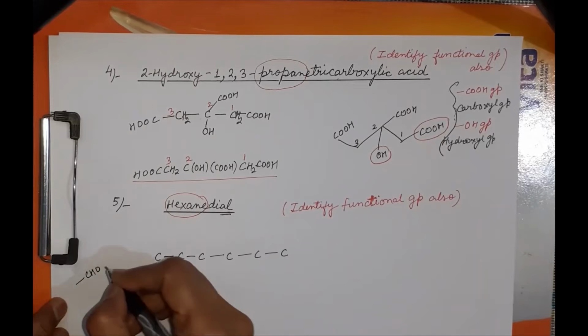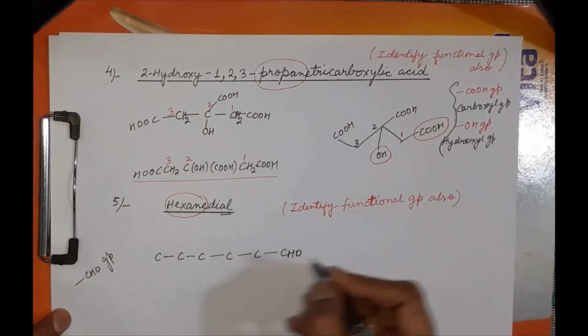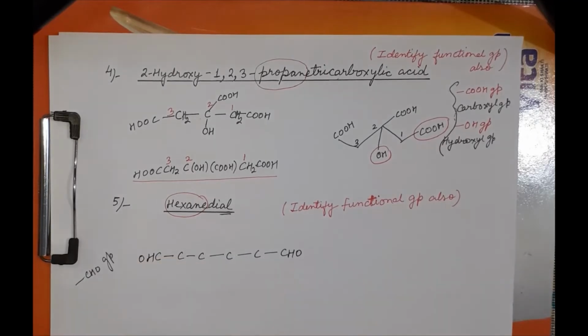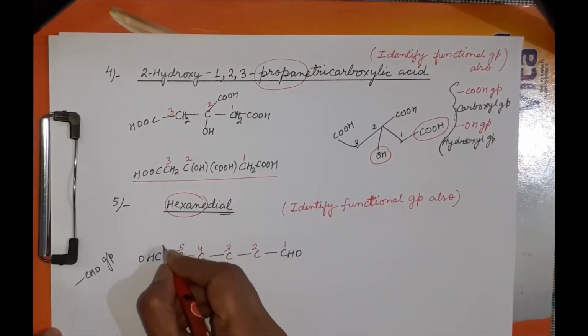Because the position is not given, and 'di' means 2 aldehyde groups are present, both aldehyde groups are present at the 2 ends of the compound, one here and another here. And we know very well that the functional group carbon atoms are also counted in the parent chain. So we will do numbering like this: 1, 2, 3, 4, 5, 6.